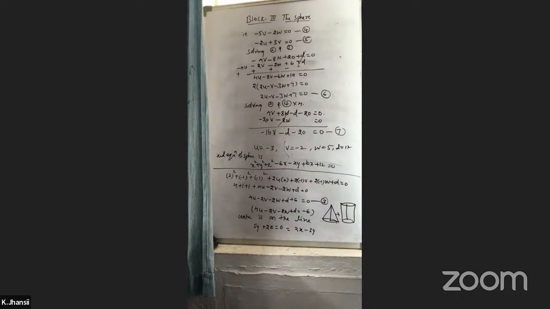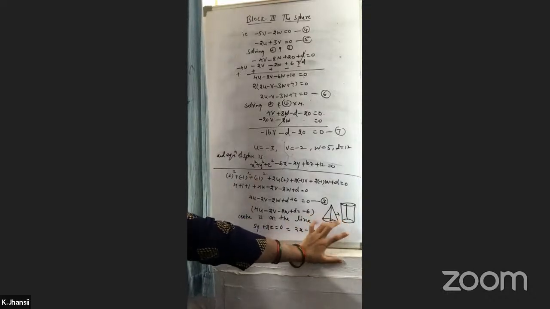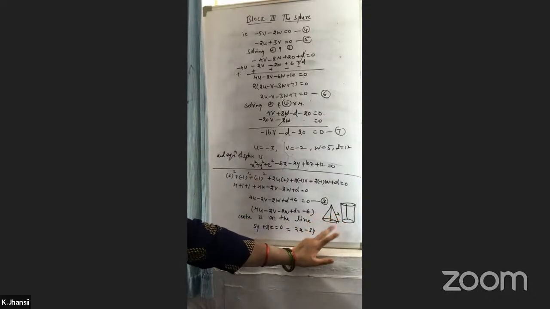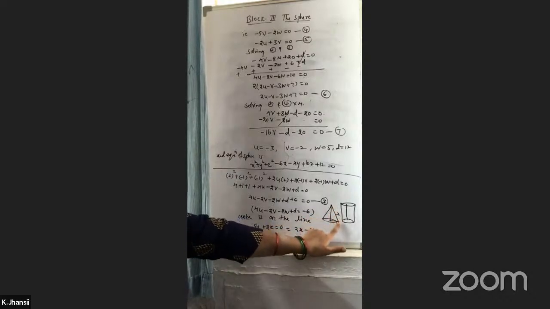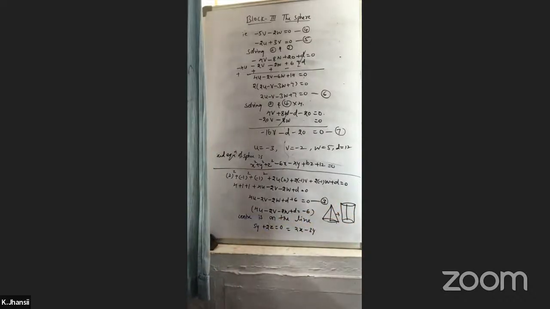If you are able, you can see how to solve those right circular cylinder and right circular cone problems, and what the concept is, what the generators are. Here the guiding curve will be there. This is called the guiding curve, and the lines for the cone and cylinder are called generators.